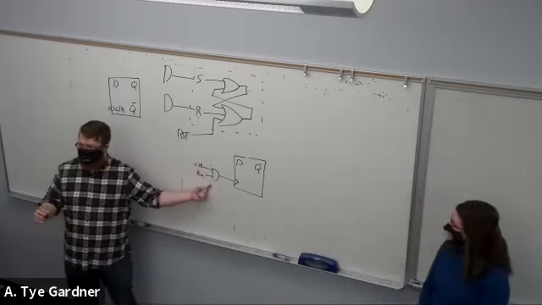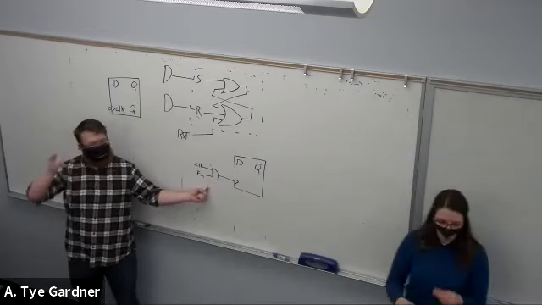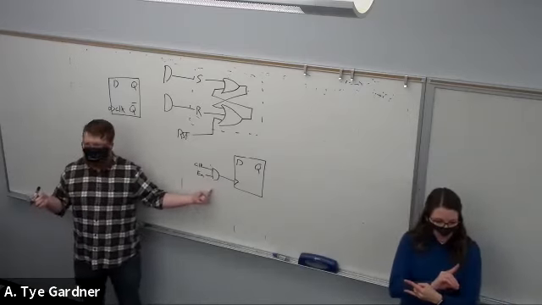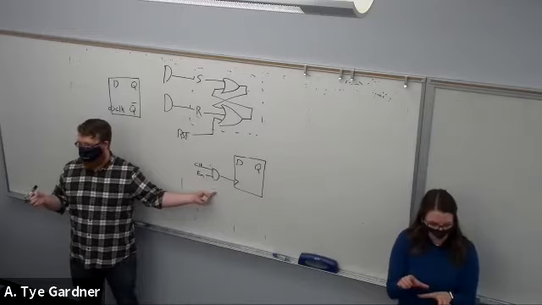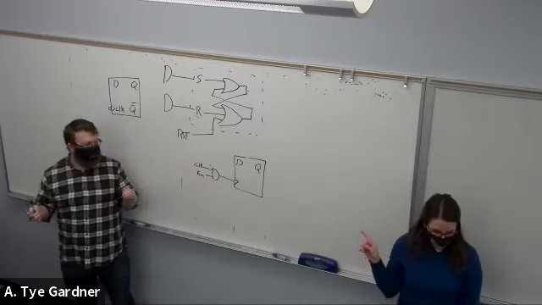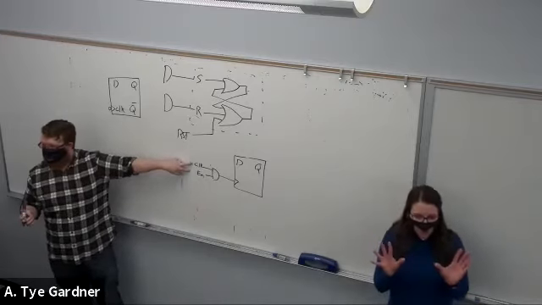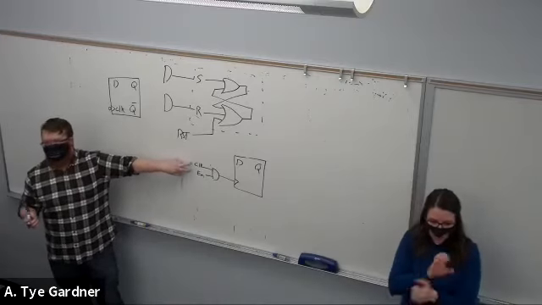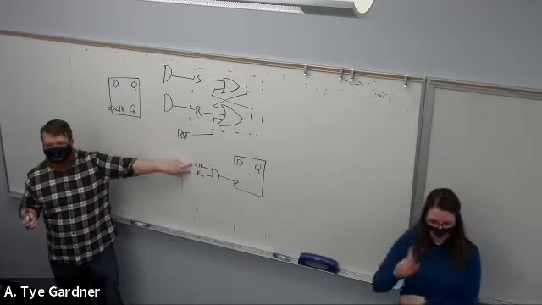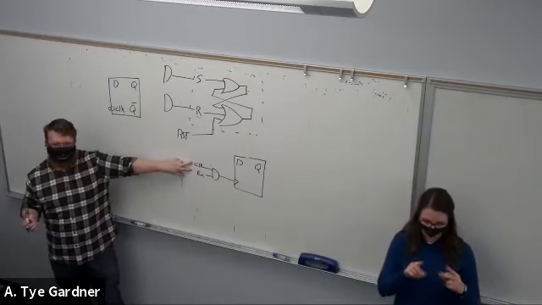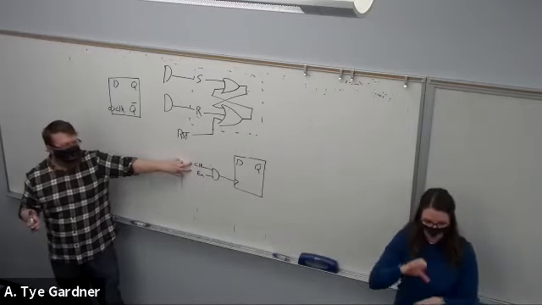AND gate. Now, this is the straightforward way of doing it, and it turns out we don't like it. Because there is no obvious difference between clock and enable, either one can trigger the clock.